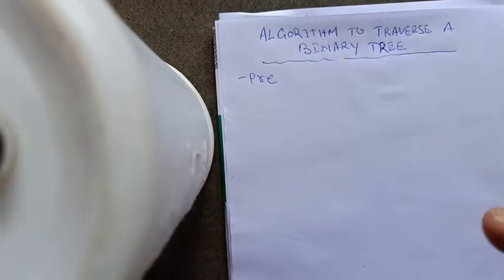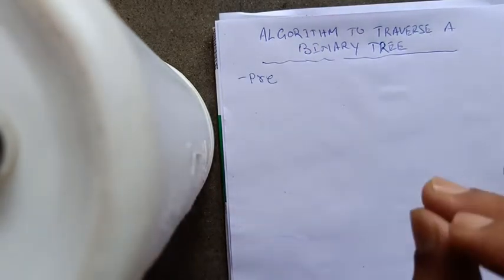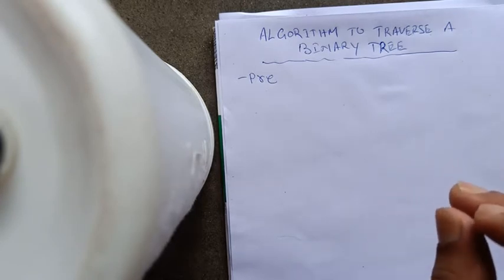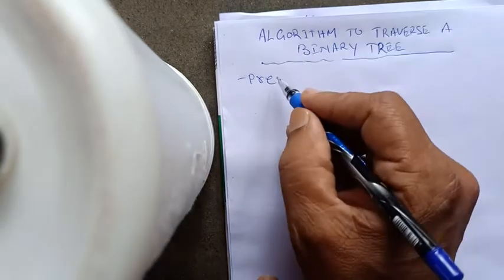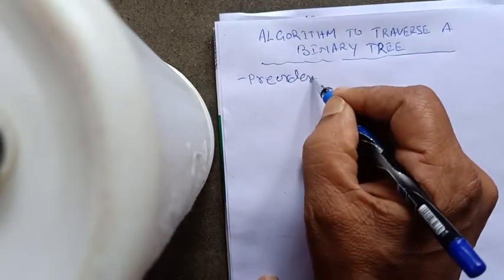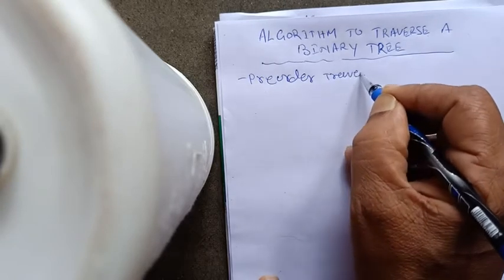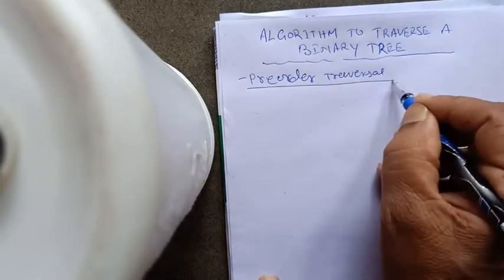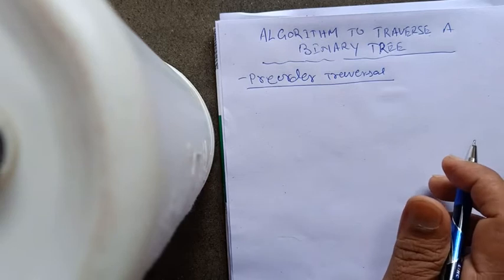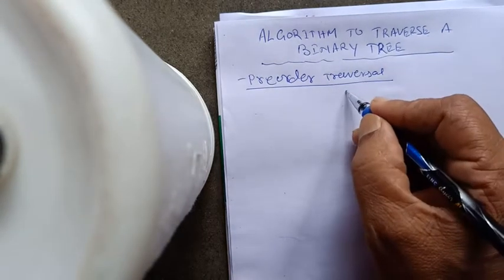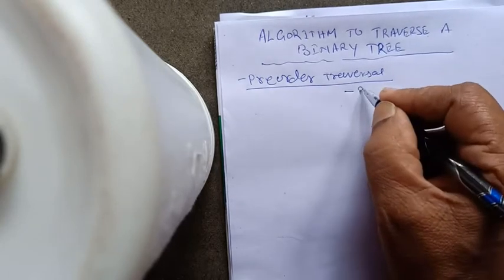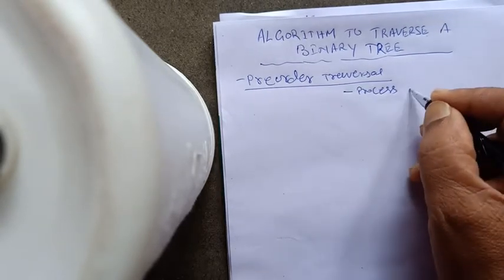So I will recommend that before watching this video, you should watch the video where I explain the process. Okay, so first we will see pre-order traversal. Okay, so we know in a pre-order traversal there are three steps. The first step, in step 1 we will process the root node.